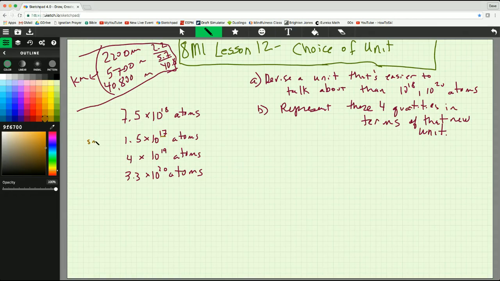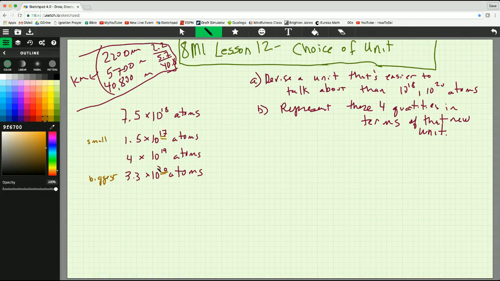And the biggest is going to be this one, because it has the biggest power of 10. And if you multiply these numbers out, or convert these into standard numbers, you're going to see which one's the smallest and the largest. But remember, the neat thing about scientific notation is it makes it really easy to spot, right? You look first at the power of 10, and then you look at this first number, if there's a tie.